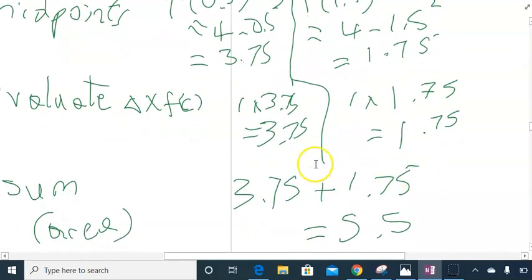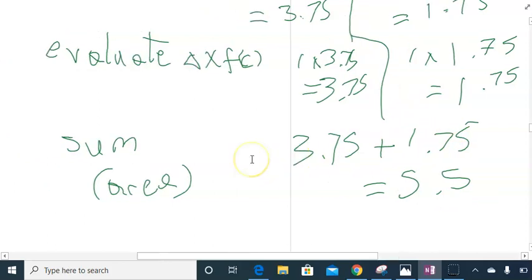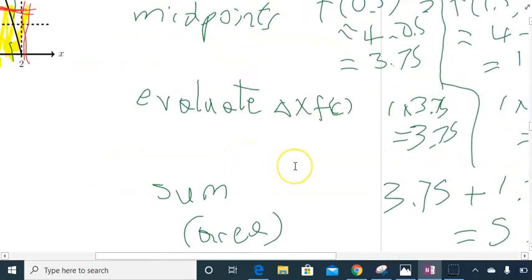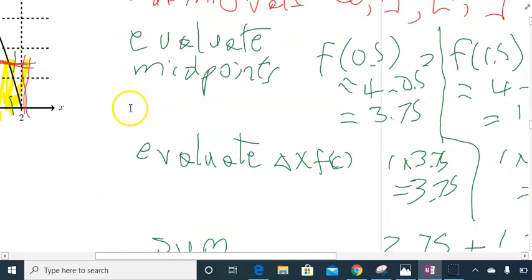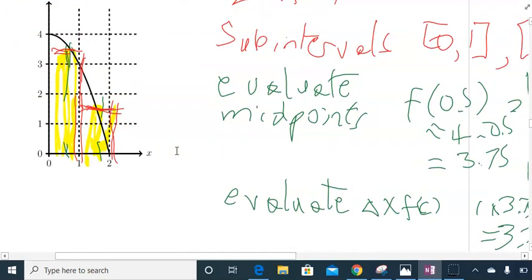And then we want to find the total area made by the two rectangles, which would be 3.75 plus 1.75, and that is equal to 5.5. So 5.5 is our estimate for the area under the curve.